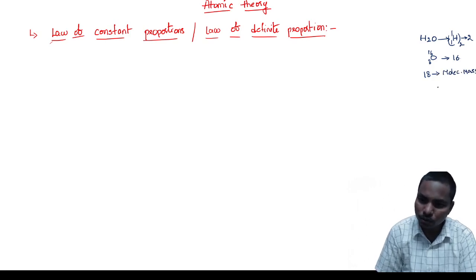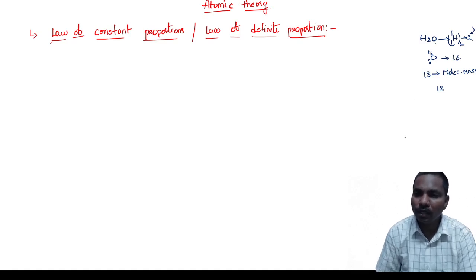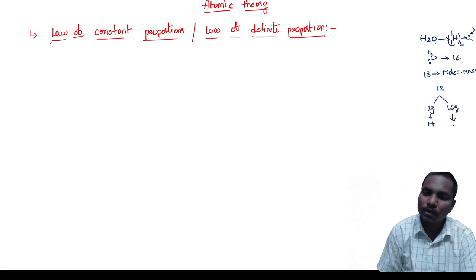In this total 18, 2 grams belongs to hydrogen and the remaining 16 grams belongs to oxygen, correct?